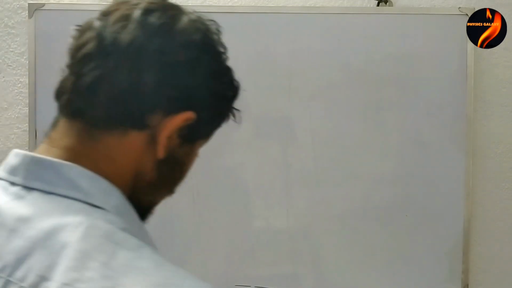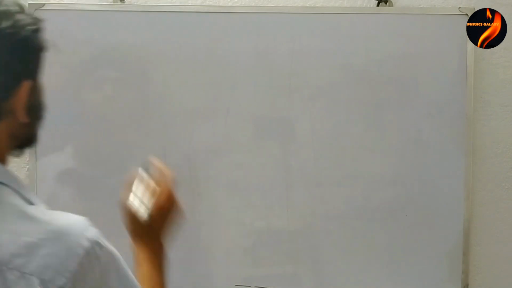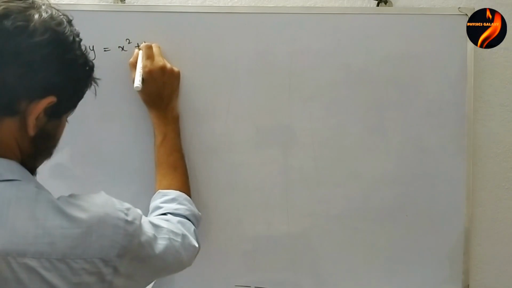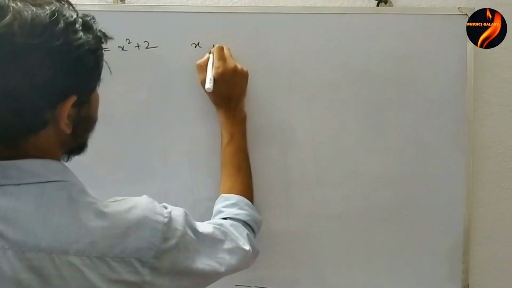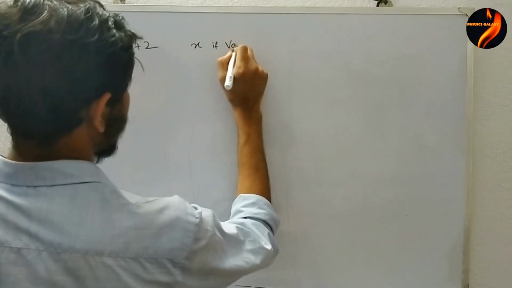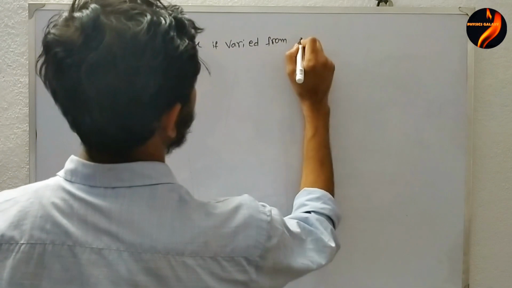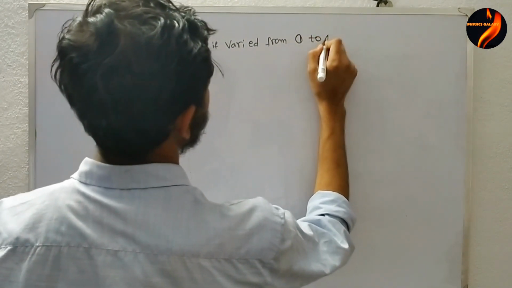In the second part of that question, we have to find the length of a curve, that is y equal to x square plus 2, where x is varied from 0 to 1.